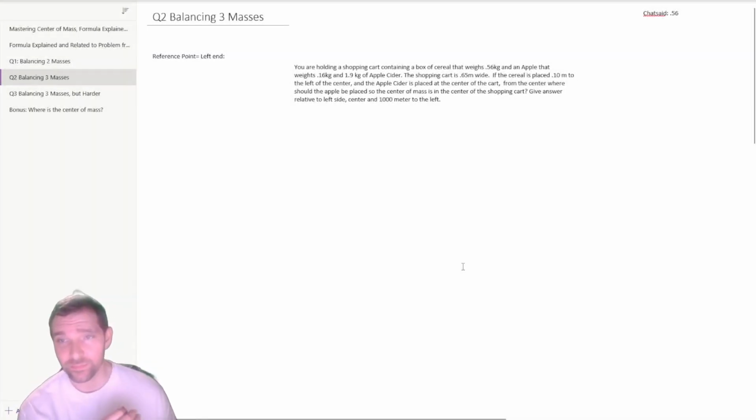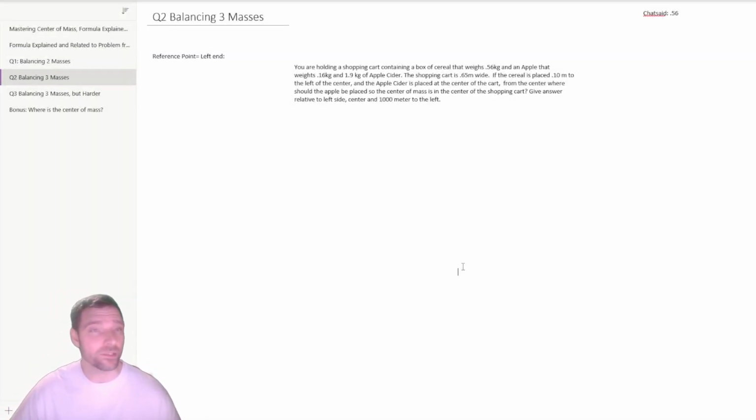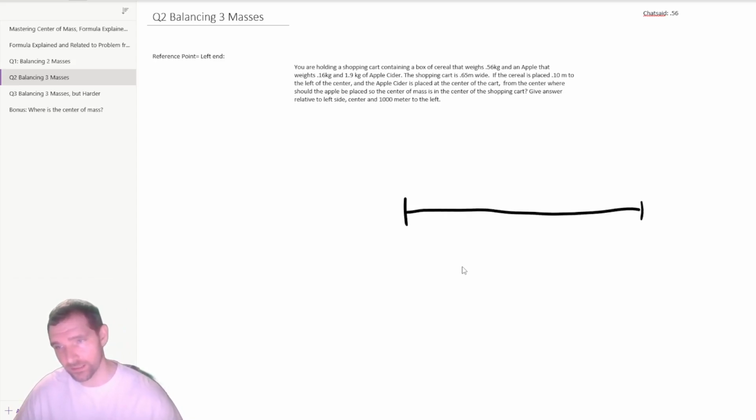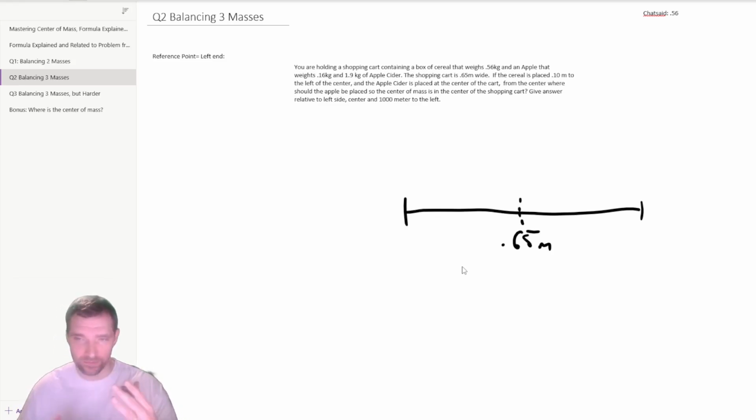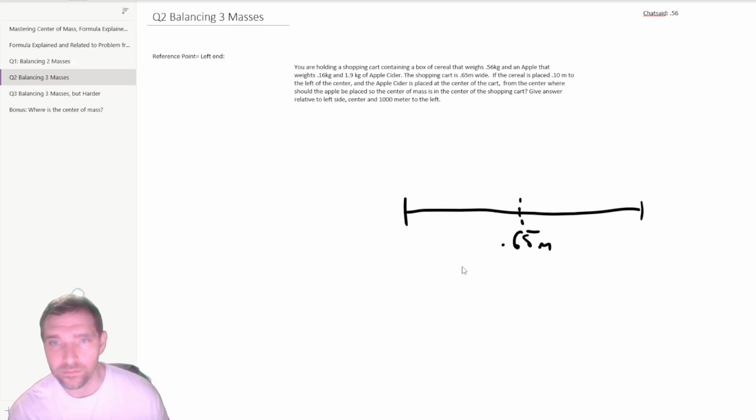So similar to the last problem, we have a shopping cart that is trying to be balanced, and we've now got 3 objects in the shopping cart. But the shopping cart is still 0.65 meters, and we still have the same center of mass right in the middle.